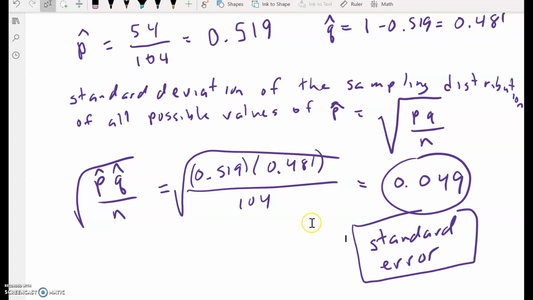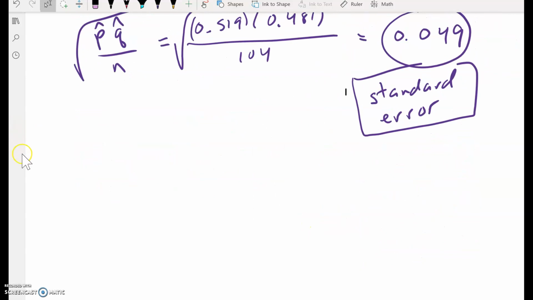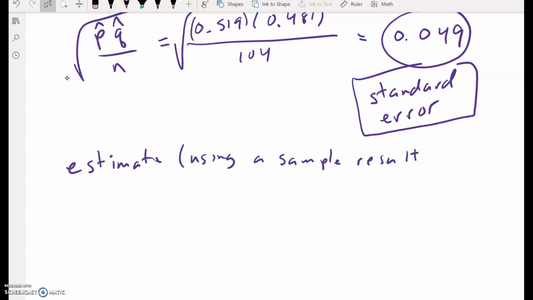So the definition of standard error is it's an estimate using a sample result, in this case p hat, and q hat, but that just comes from p hat.